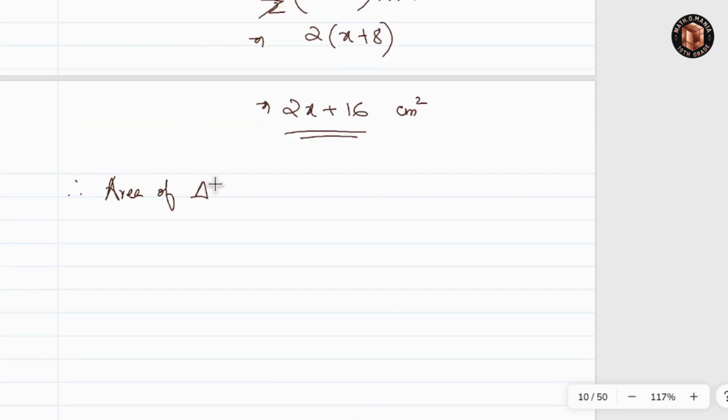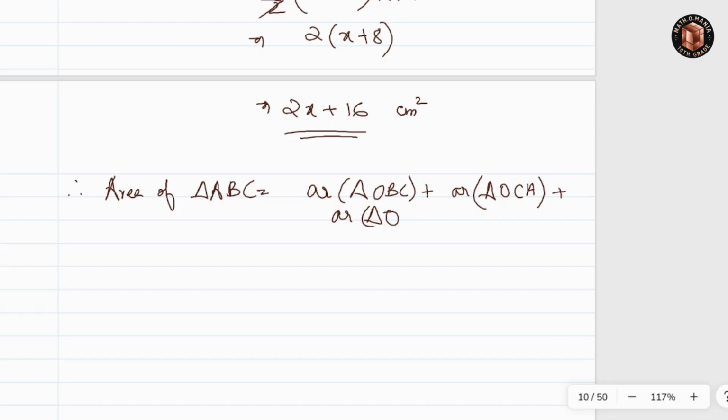Area of the triangle ABC equal to area of triangle OBC plus area of triangle OCA plus area of the triangle OAB. When we add them together, we will get that value, which is equal to 28 centimeter square plus 2x plus 12 centimeter square plus 2x plus 16 centimeter square, right?